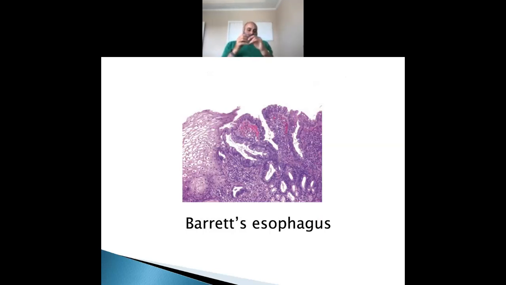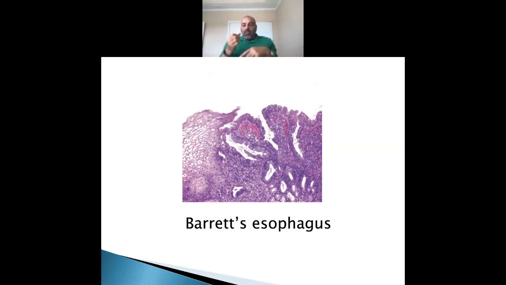Barrett's esophagus. So Barrett's esophagus is a form of metaplasia. Metaplasia is a sign of cancer coming. What happens here, you have the tissue changing over. And why this changeover is happening is the lower esophageal sphincter is failing.